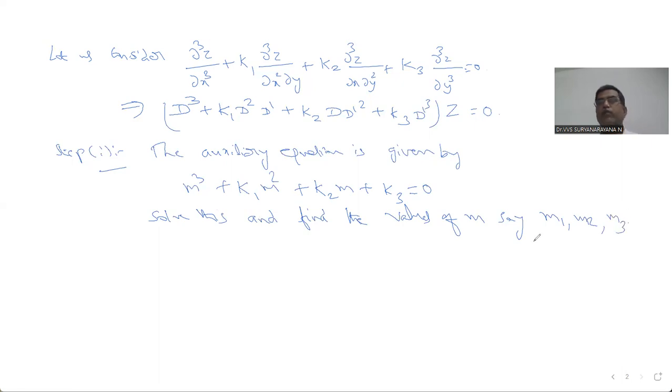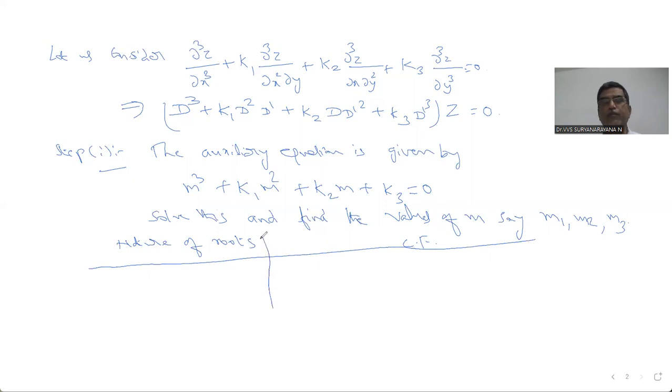Let us name them as m1, m2 and m3. Then the complementary function will be given like this. So, nature of roots: these m1, m2, m3 may be equal, they may be different, or 2 may be equal and the third one different. So based on the values of m1, m2, m3 only, we can write the complementary function.